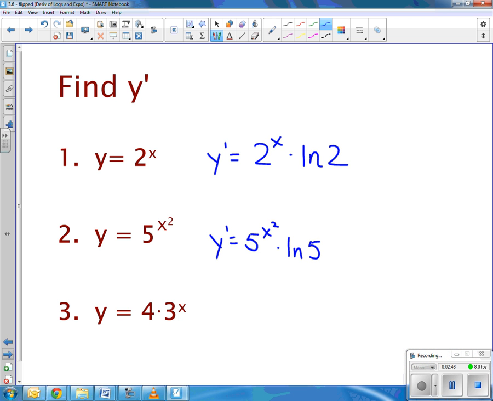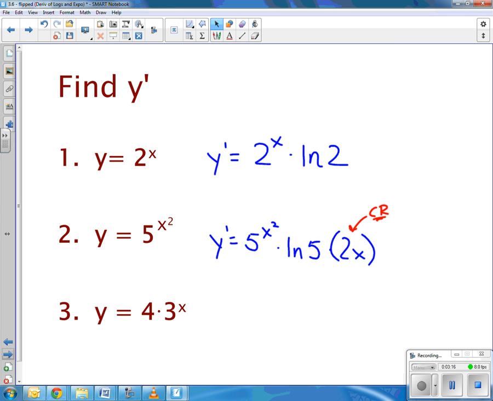And then I'm going to apply the chain rule here. I need to do the derivative of x squared, so I'm going to multiply this by 2x. Again, in terms of rewriting this, we can put the natural log of 5 and 2x in the front. But for now, we're just going to leave it as it is so we can clearly see where that derivative comes from. So if you want to make a little note, this 2x came from using the chain rule.